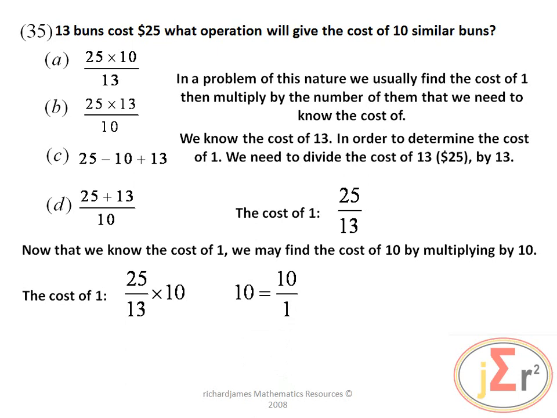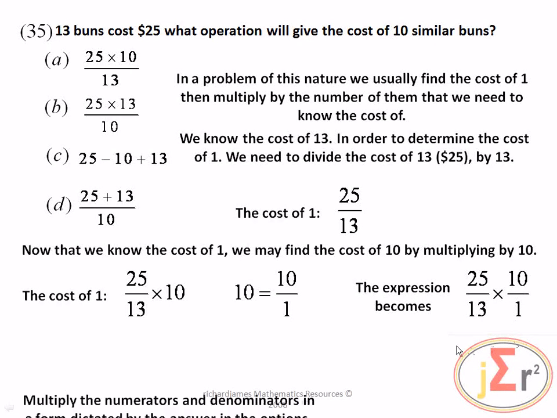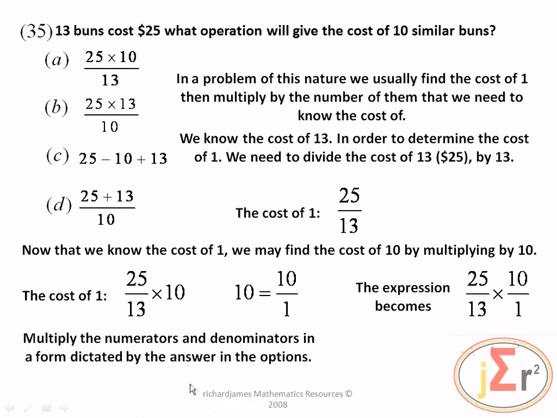So 10 can be written as 10 over 1. The expression becomes 25 over 13 multiplied by 10 over 1. Multiply the numerators and denominators in the form dictated by the answers that we have in the options.